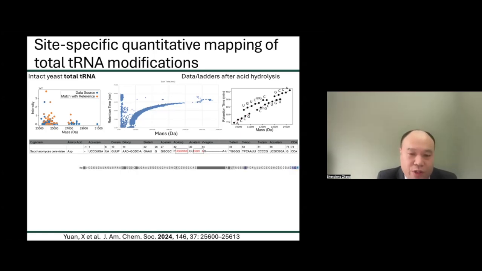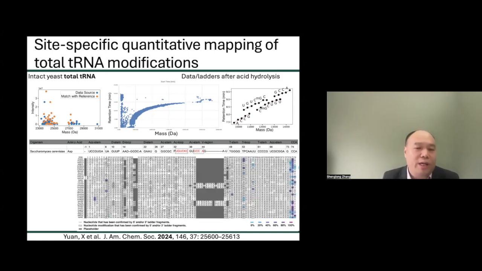With this information, we can find further more of those ladder fragments. The letters in green are the nucleotides verified by our ladder fragments, and the letters in boxes are the modifications verified by our fragments. So one by one, we can sequence each tRNA.